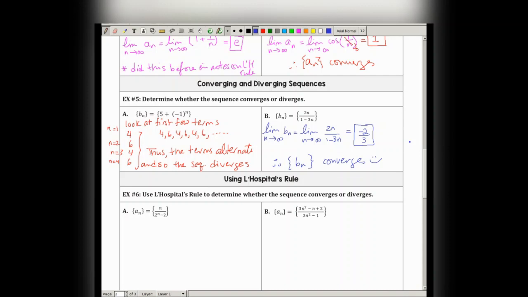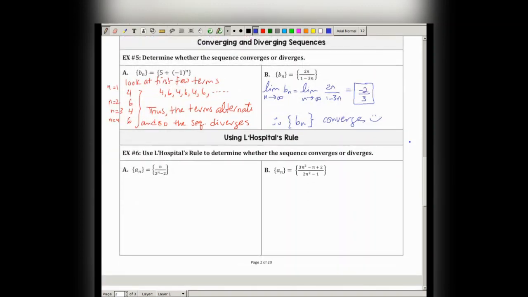All right, let's take a look at the next problem. And here I give you a hint to use L'Hopital's rule because it'll be very useful here. All right, so the limit as n goes to infinity of a sub n is equal to the same as the limit as n goes to infinity of n over 2 to the power n minus 2.